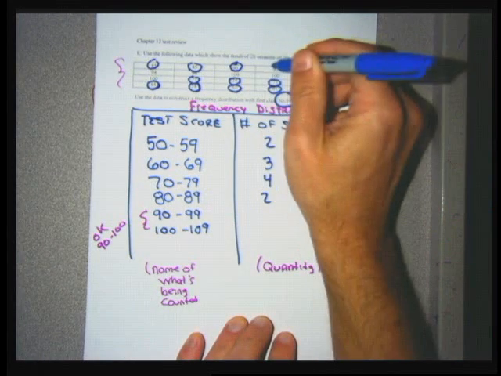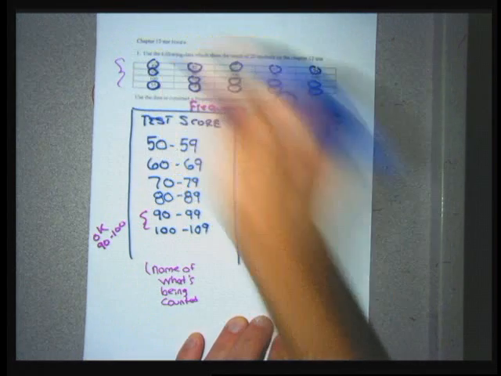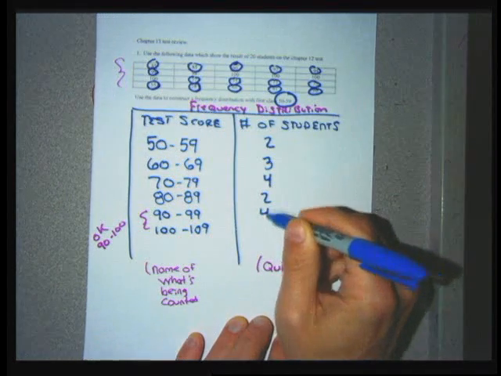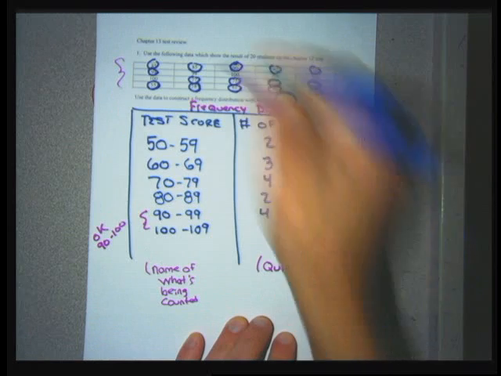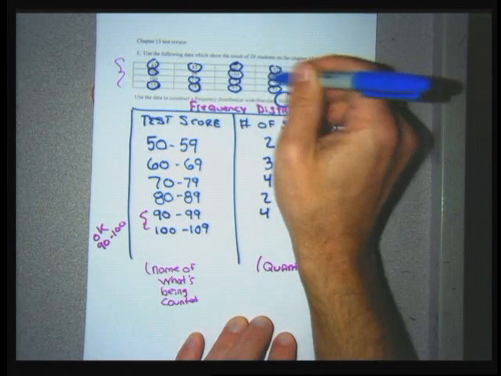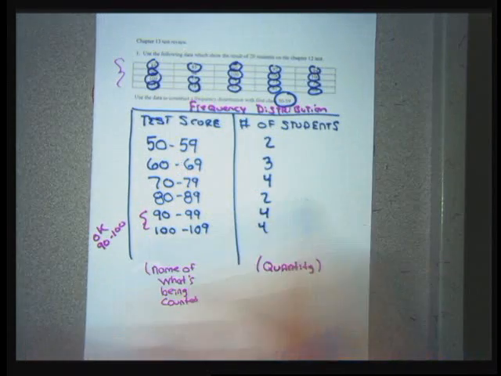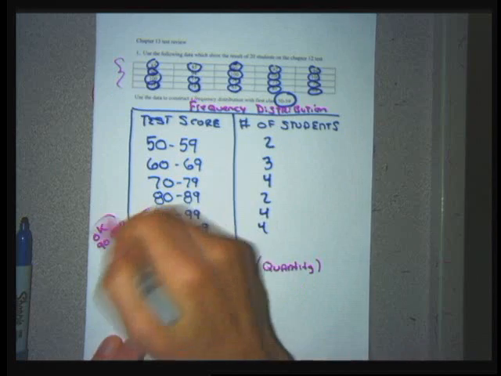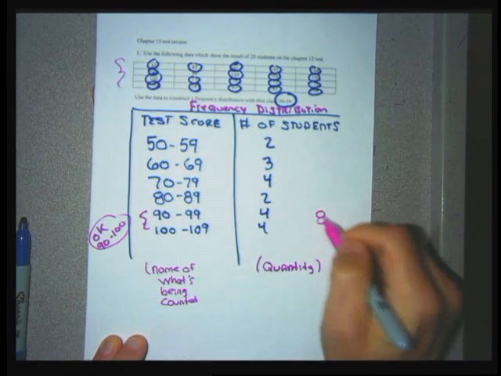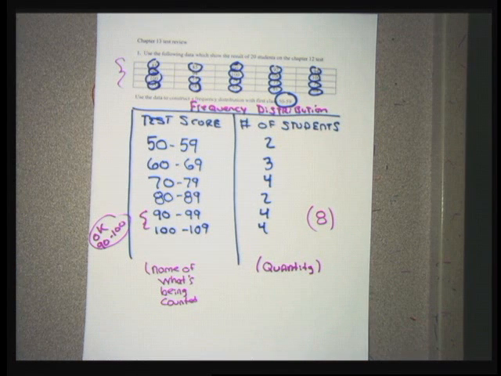If you put an 8 next to the category of 90 to 100, I would live with that, as well as if you put a 4 next to the 90 to 99 category and a 4 for the 100 to 109 category. So if you use this category and picked an 8, I'd live with that just completely fine. So that's a reasonable answer.